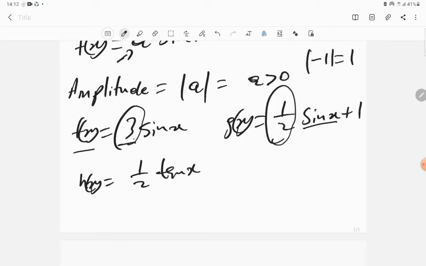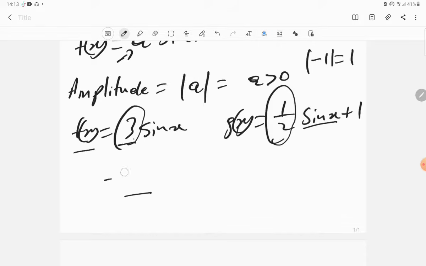So we really don't have the amplitude. It's just a matter of stretching the graph in the vertical direction. It really doesn't affect the amplitude, because we really don't have the amplitude for tan. Otherwise the graph becomes more stretched, straighter to the vertical axis.